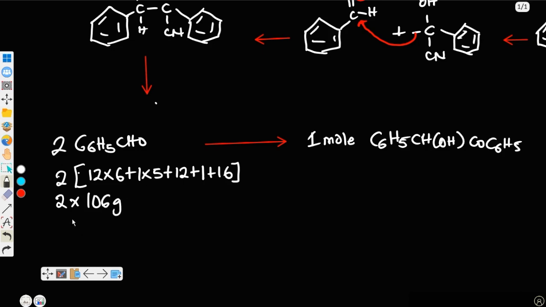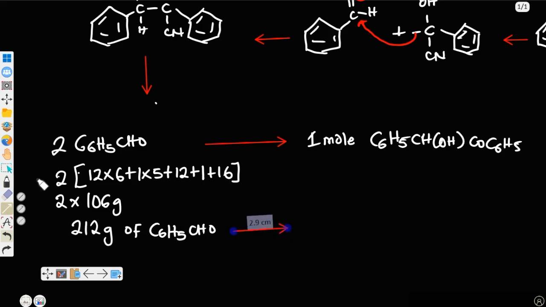So that will give us 212. Are you getting it? Which is 212. So we have 212 gram of C6H5CHO. All right, and then you have 1 mole of this.